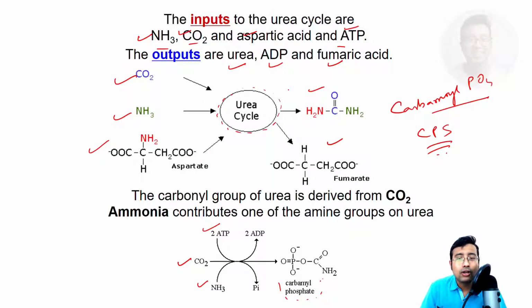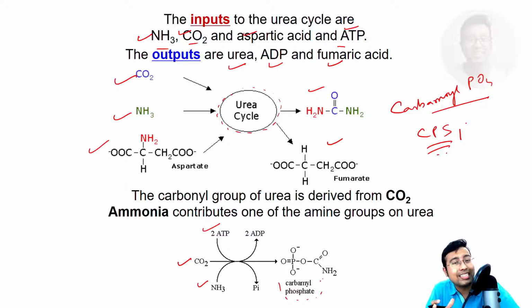One thing you need to know is that this enzyme also has an isoenzyme, right? This is the main enzyme. Just like in glycolysis you learned about phosphofructokinase 1, there is also another enzyme, PFK2. Similarly, this is CPS1. The enzyme that catalyzes the urea cycle is known as CPS1.